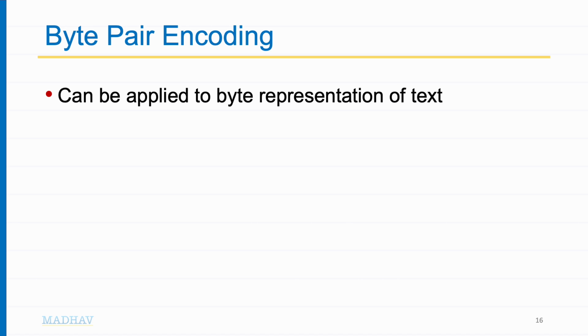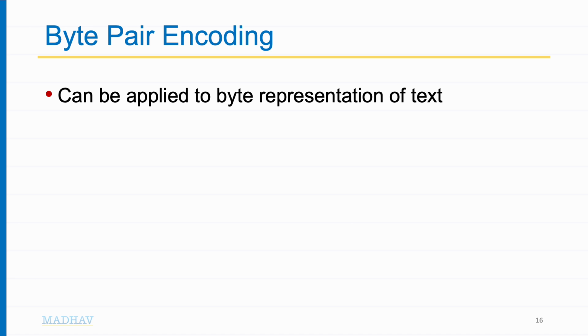how do they do the encoding? They don't apply it on the characters or graphemes. They apply it on the byte representation of those characters. Every character has some binary representation, like the Unicode representation. You convert that into a binary representation, so you get a long stream of bytes, and then you apply byte pair encoding to those pairs.